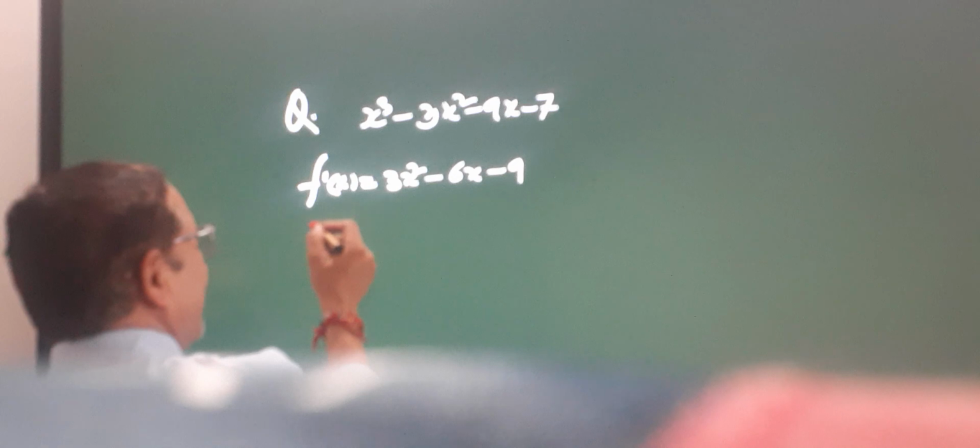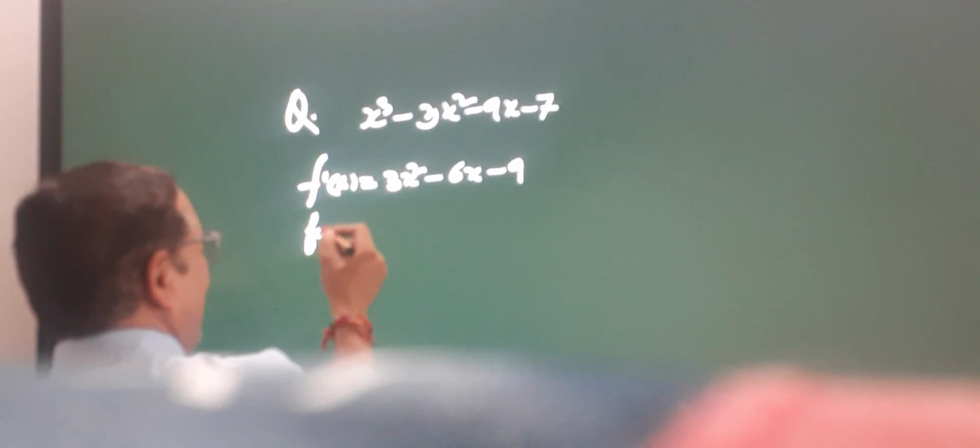So what do you do? You have to check where it is maximum and where it is minimum. The first step is common: f'(x) is equal to 3x square minus 6x minus 9.